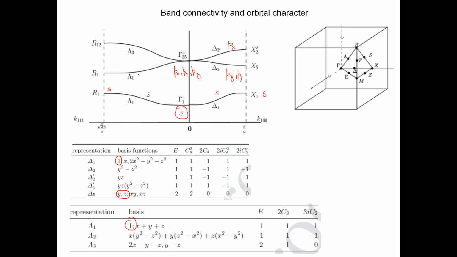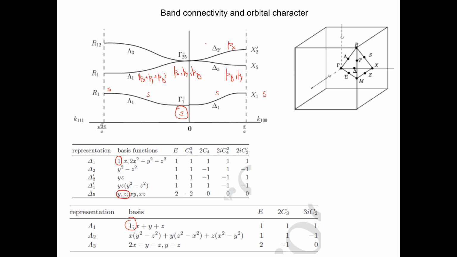Let me call it Px plus Py plus Pz, a linear combination of p orbitals, which is a non-degenerate state, and lambda 3, which is a doubly degenerate band, made of other combinations of Px, Py, and Pz perpendicular to the combination oriented along the 1, 1, 1 direction.